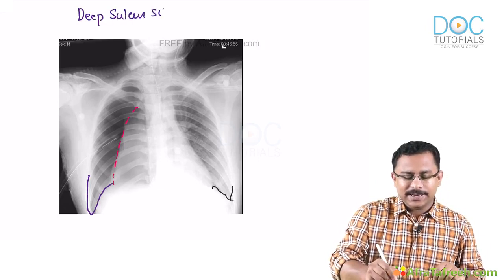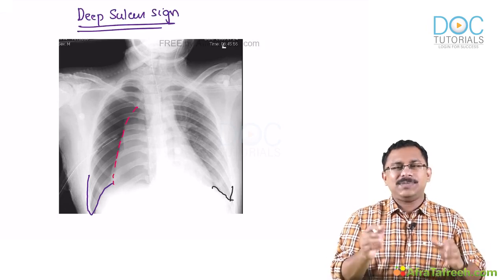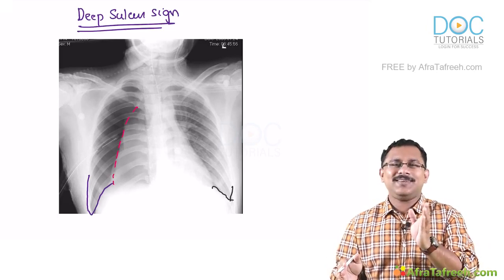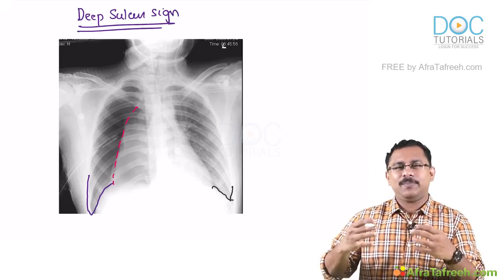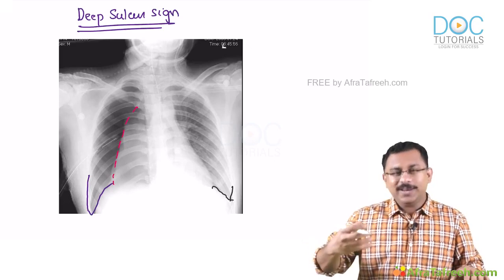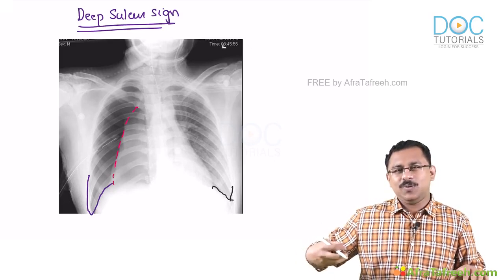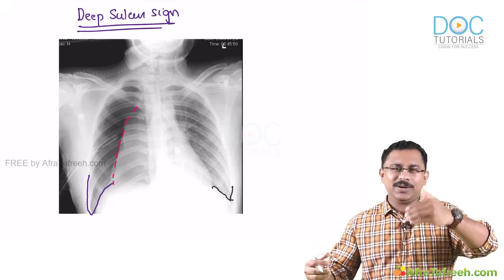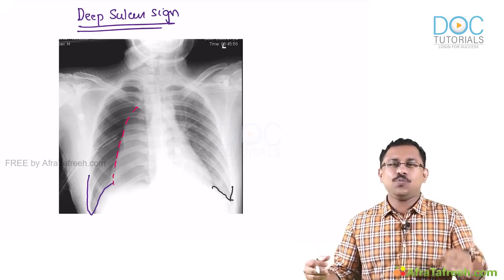Now mind you, this deep sulcus sign is commonly encountered when you have a pneumothorax developing in a patient in the ICU who is probably supine. That is when the air goes more down, and you are able to see the deep sulcus sign when you take the X-ray in the supine position.